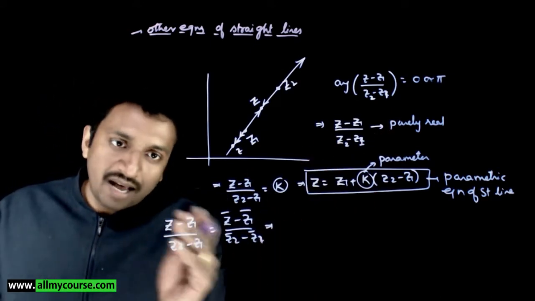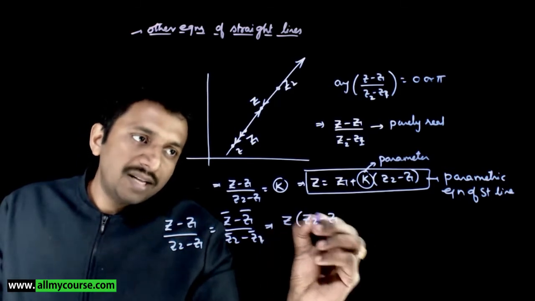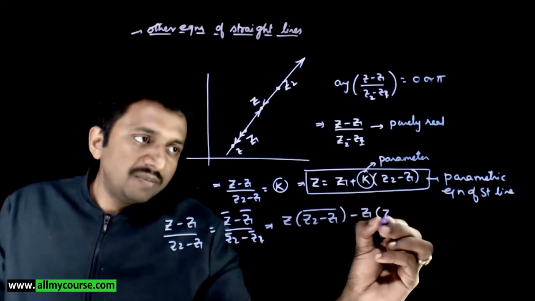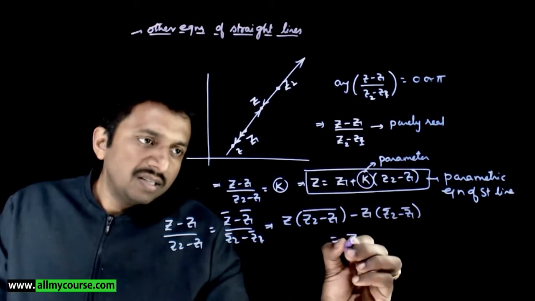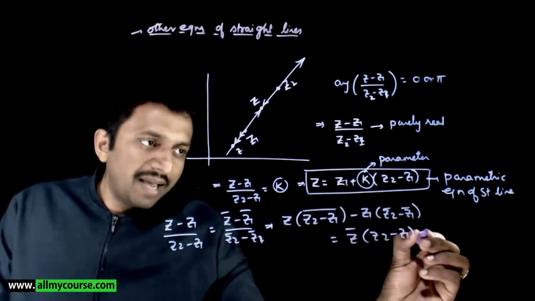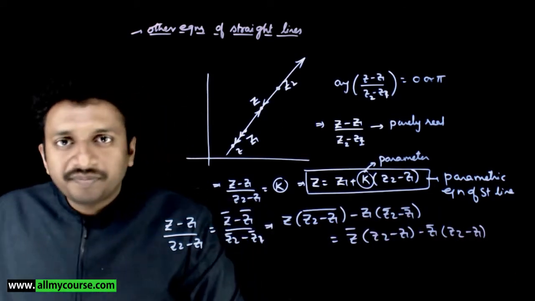So this implies, on cross multiplication, z times (z2 minus z1) whole bar minus z1 times (z2 minus z1) whole bar is equal to z bar times (z2 minus z1) minus z1 bar times (z2 minus z1).